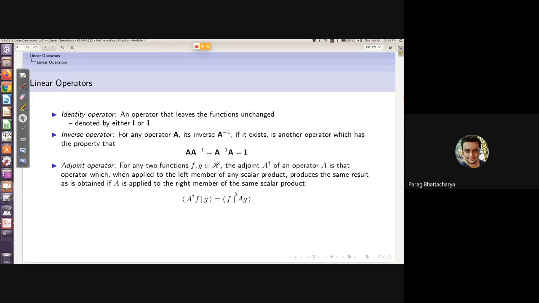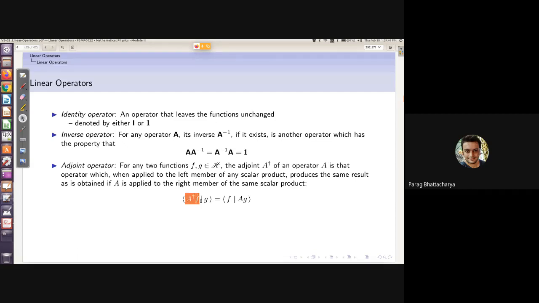If I have some operator A, then corresponding to this operator there could be another operator called A dagger, which is known as the adjoint operator of A. How do you define this? You take a scalar product, and you operate this adjoint onto the left member, that is whichever gets conjugated.